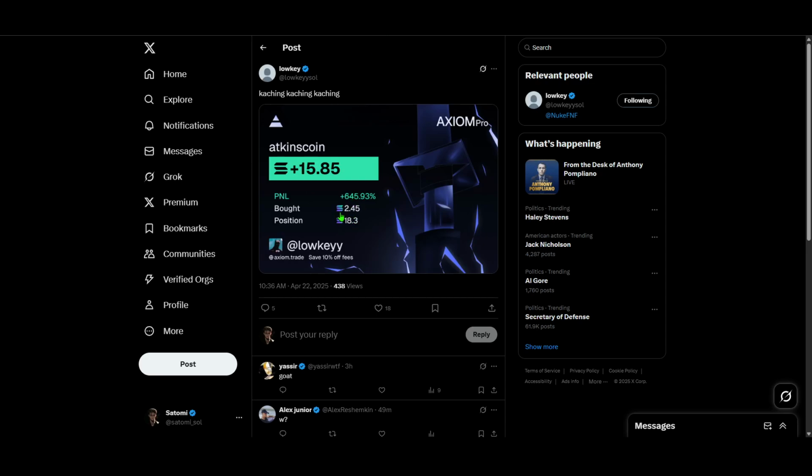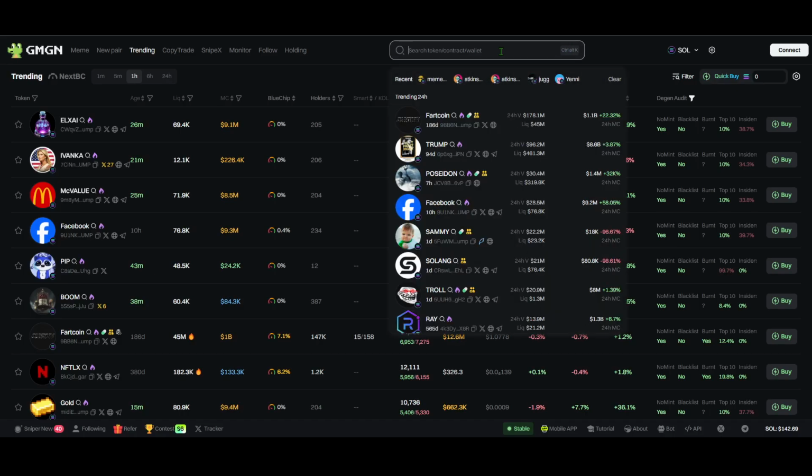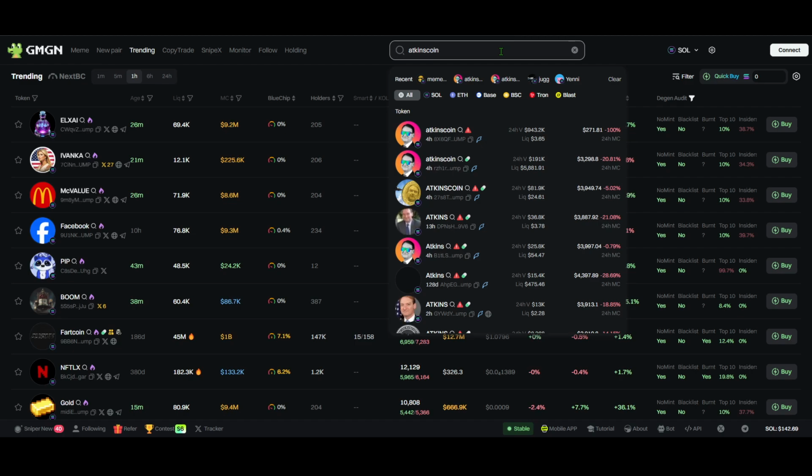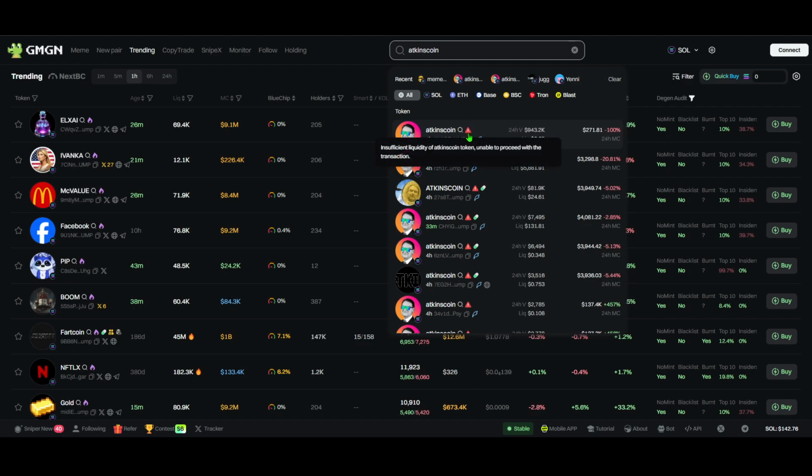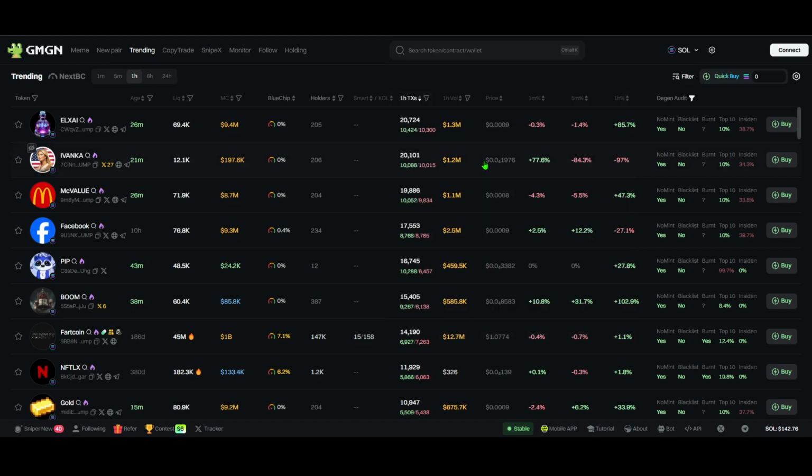Another example, just to show you how quickly this goes. This person bought Atkins coin, 2.45 Sol, and sold for 18 Sol. Again, just type in Atkins coin in this case. If you have a lot of different ones which look similar, always look for the one without the triangle, because the rest are all rugs.